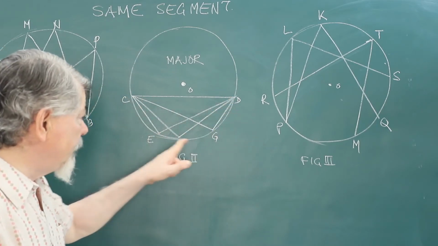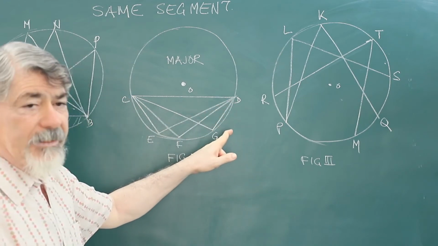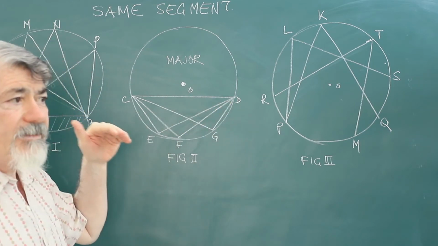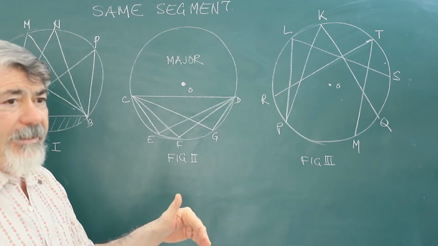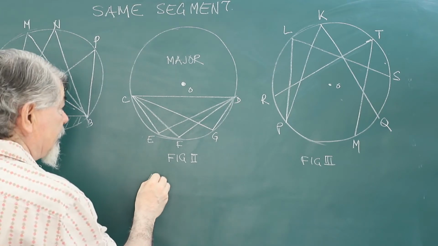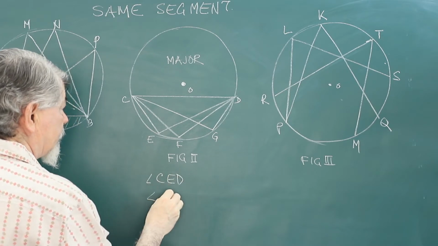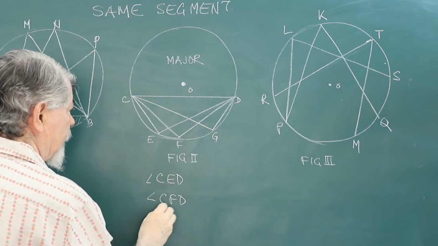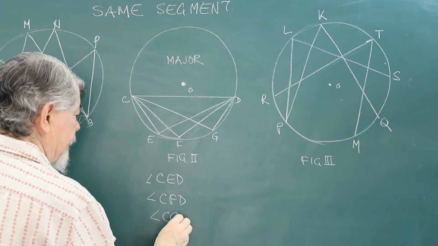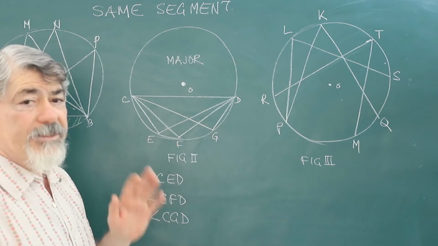Again, in this segment, I have formed 3 triangles with the base CD, the chord which is dividing the circle into 2 segments. I am taking angle CED or angle CFD or angle CGD.